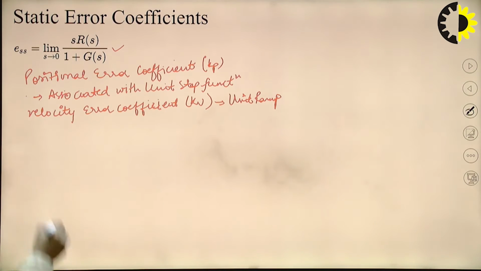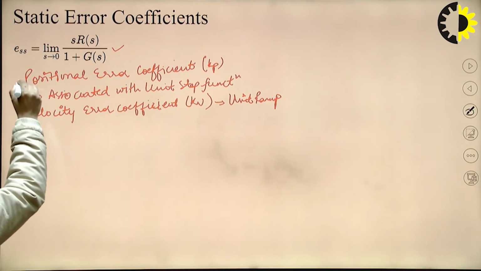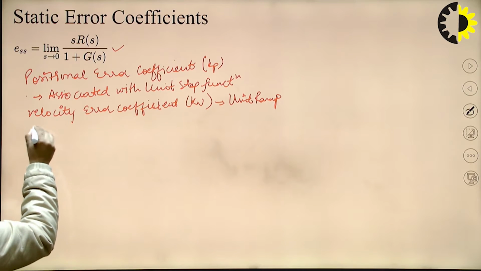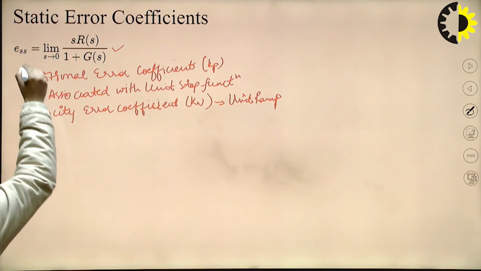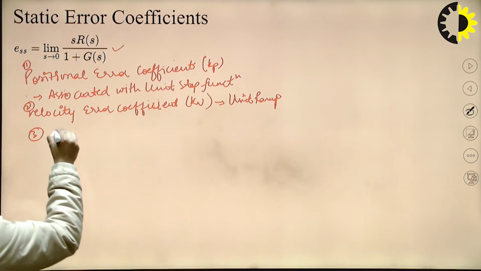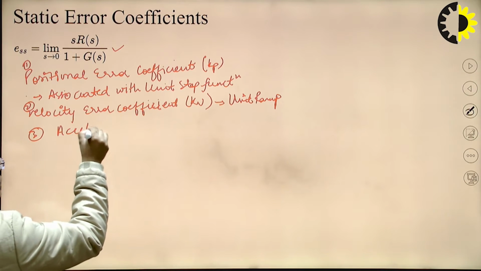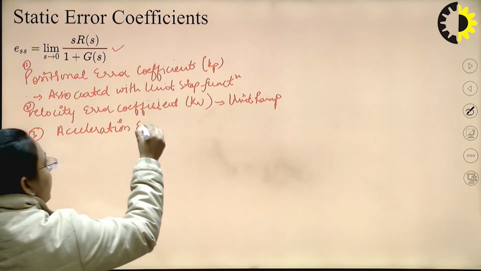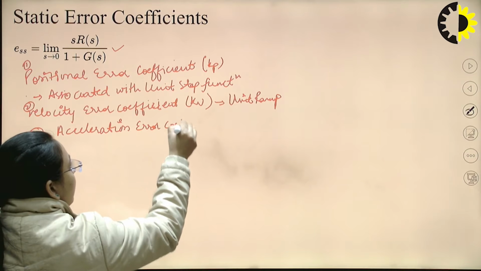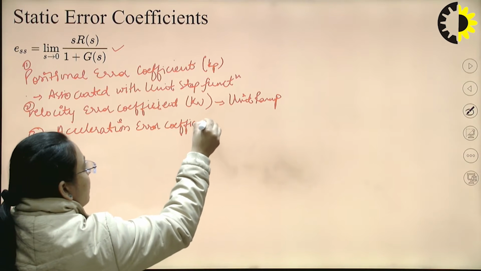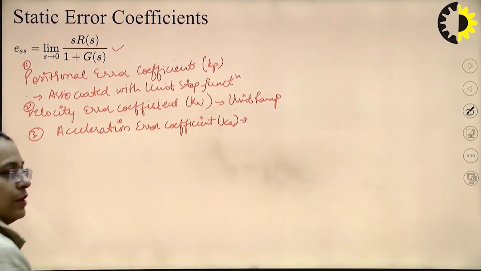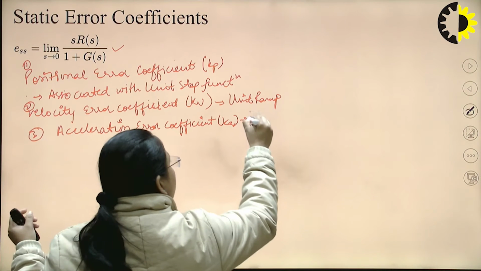The third one is the acceleration error constant or coefficient, represented by Ka, and it is always associated with the unit parabolic function.